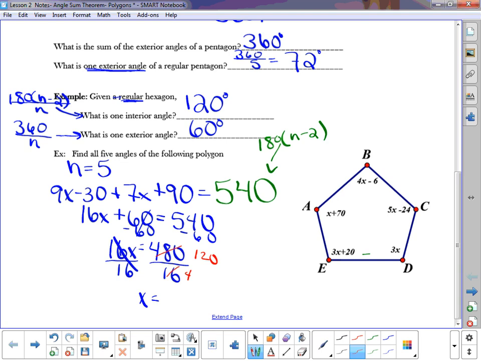Alright, what did we get for our x value? 30. Beautiful. And then go ahead and carry on to find what your angle measures actually are. And you can actually just go and write them on the picture yourself. Once you think you have it, go and check with your shoulder partner.